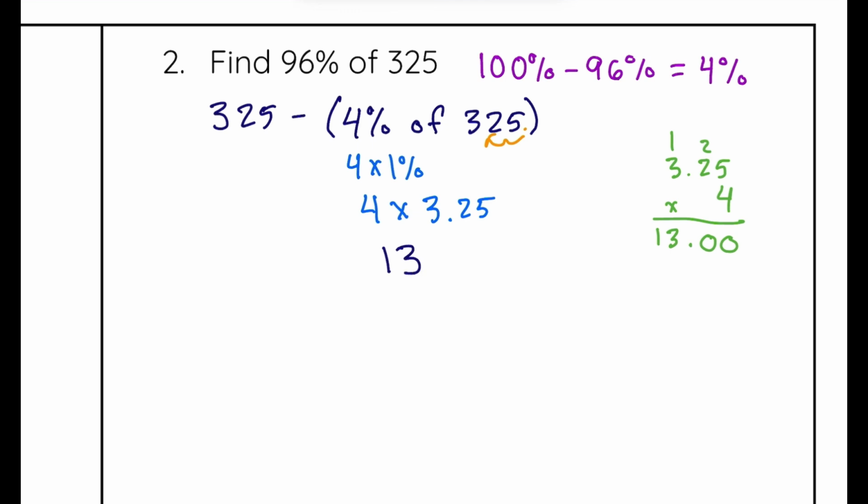So 4% of 325 is equal to 13. Now all that's left to do is subtract that from 325. 325 minus 13 is equal to 312. So this means that 96% of 325 is equal to 312.